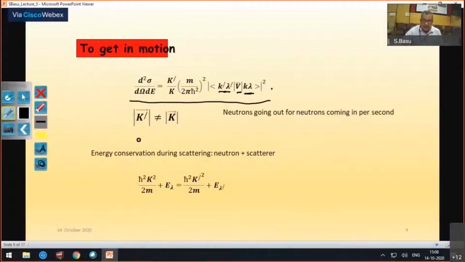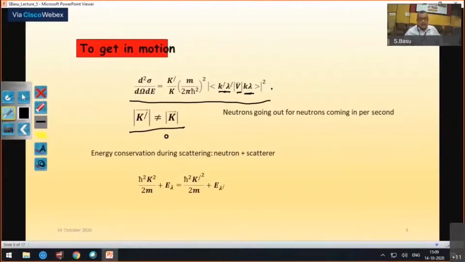Now I am deviating from what I did earlier. Earlier the magnitudes of my k vectors were the same because there was no energy exchange. Now I consider there is an energy exchange. Since there is an energy exchange, the magnitude changes, and that's what I've written here. The magnitude of k prime is not equal to the magnitude of k.